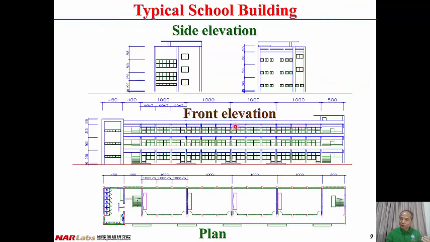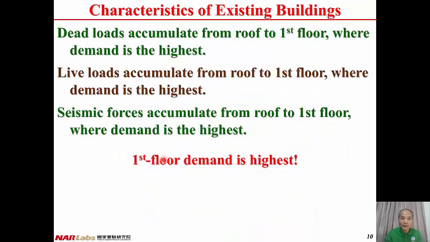The live load from the roof accumulates to the third floor and then to the second floor, so that the actual load due to live load on the first floor is the highest one. Similarly for seismic forces, they accumulate from the roof to the first floor, so that the story seismic shear is the highest in the first floor, so that the first floor demand is the highest.